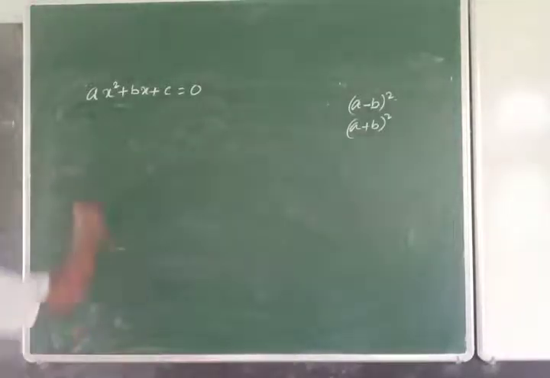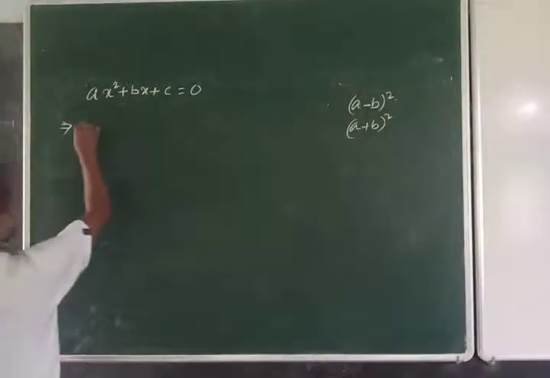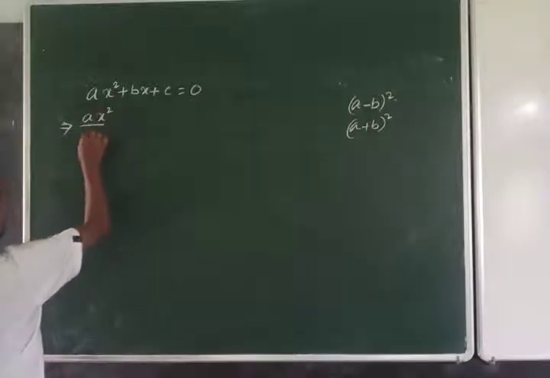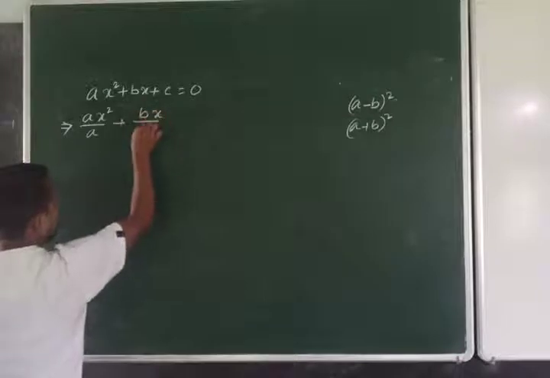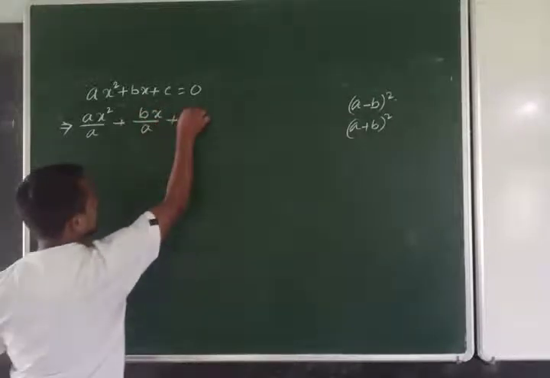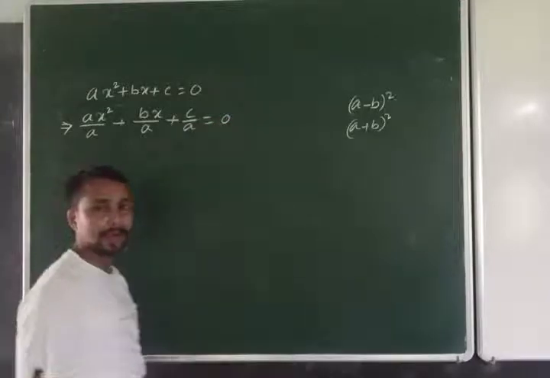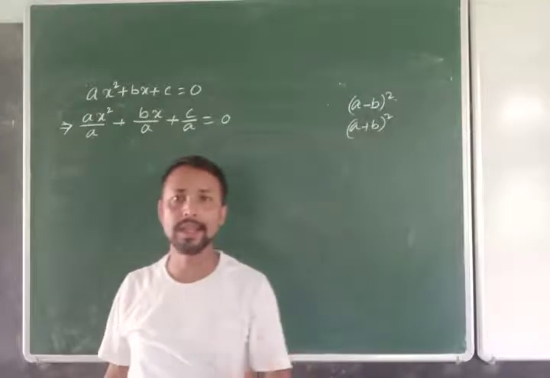How can we remove it? By dividing all the terms by a, such as ax square by a, bx by a, plus c by a equal 0. We have divided all the terms by a.